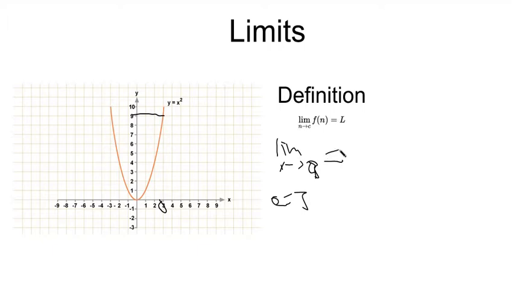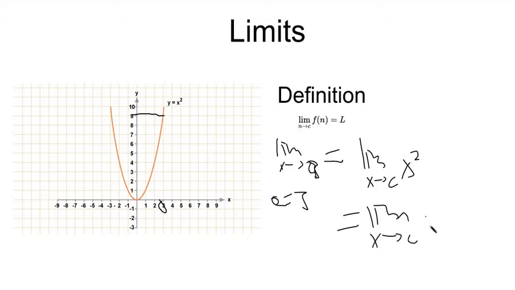You could solve it by writing the limit as x approaches c of x squared, and do the same thing. So the limit as x approaches c would equal 3 squared, which is equal to 9.